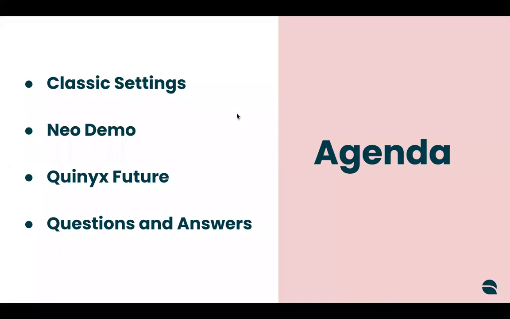So we want to talk about this transition that has happened. We are now in Neo. Everyone is using Neo. We do have a couple of settings, though, that still have to be accessed in Classic. So we want to take the opportunity now after the transition to talk about those settings that still have to be changed in Classic, which those are, and how to get those changed.